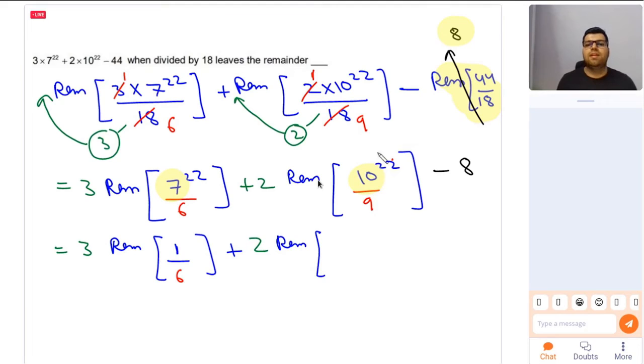I will replace 10 by its remainder with 9, which is 1. The remainder of 10 with 9 is 1. And 1 raised to power 22 is 1 only. So 1 divided by 9, minus 8.